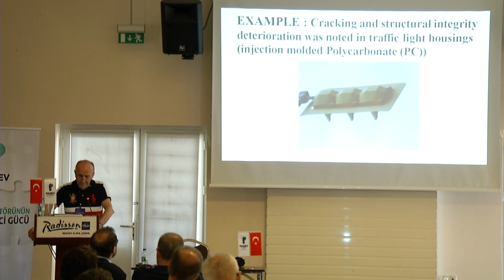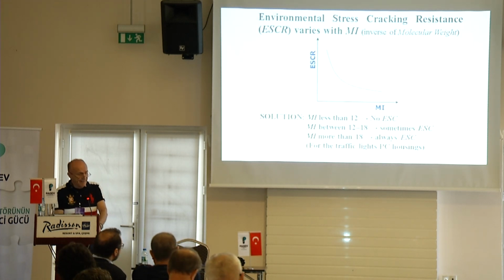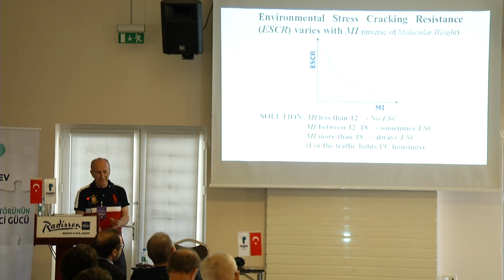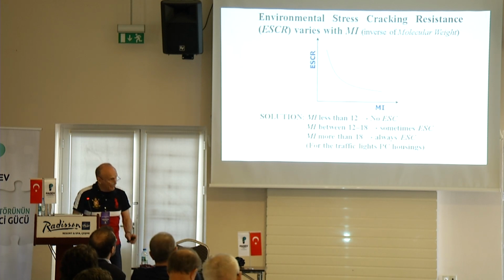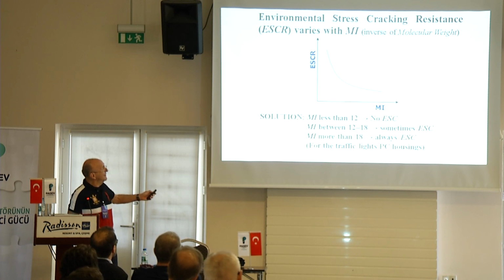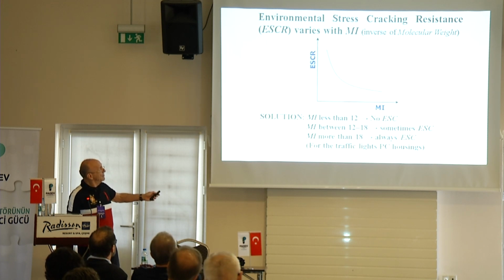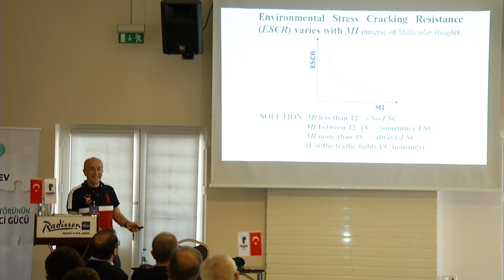And I started asking questions, and we did some experiments, and we realized, it's something that I knew from a long time, from an old book, and it is well known that the environmental stress cracking resistance drops as the melt index increases.